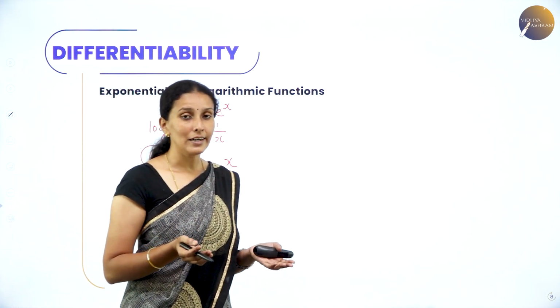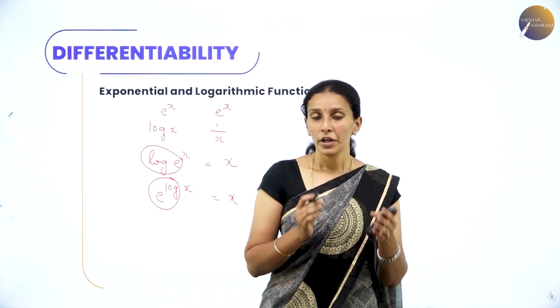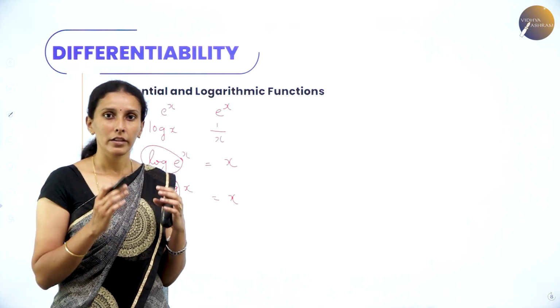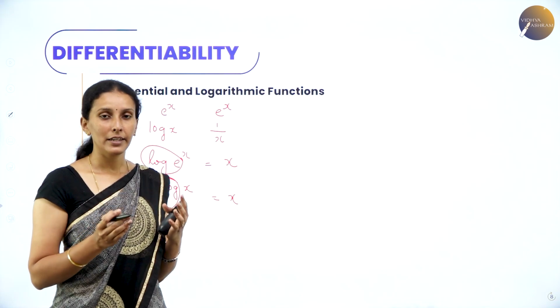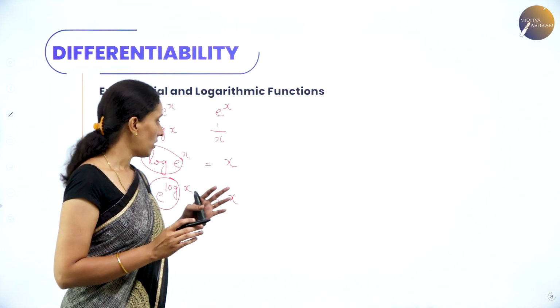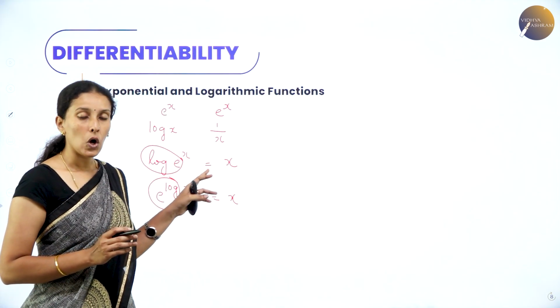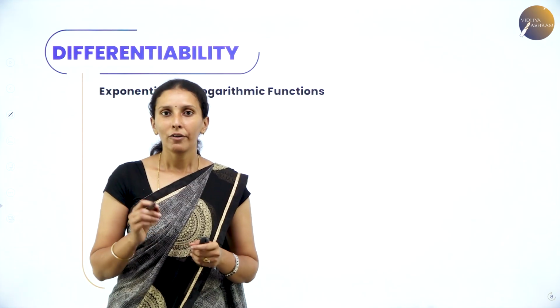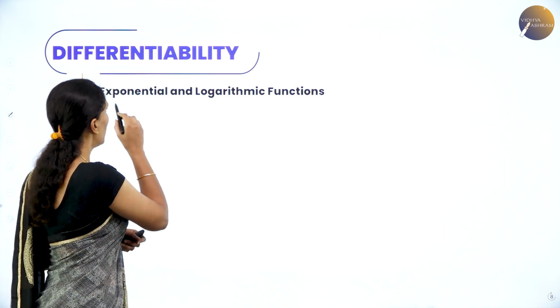We have already learned from invertible functions, whenever two functions are inverses, the composition is equal to x only. So therefore, log of e power x or e power log x is one and the same, it is equal to x.